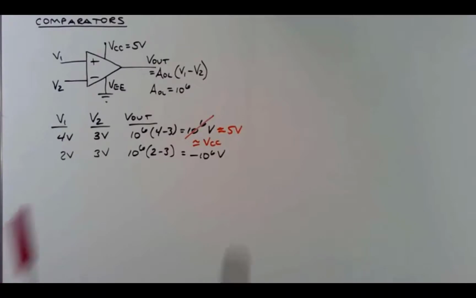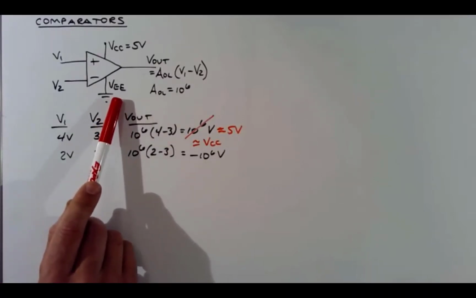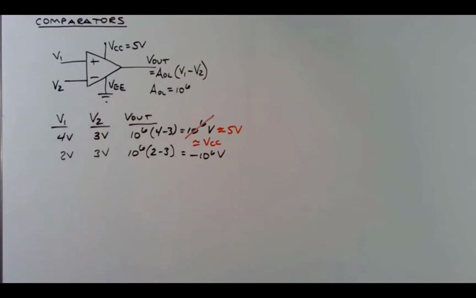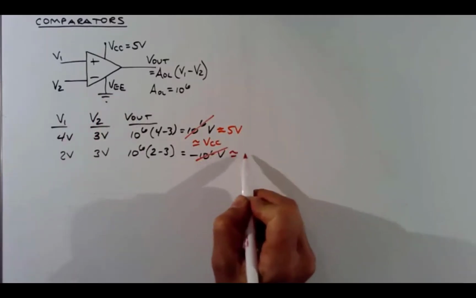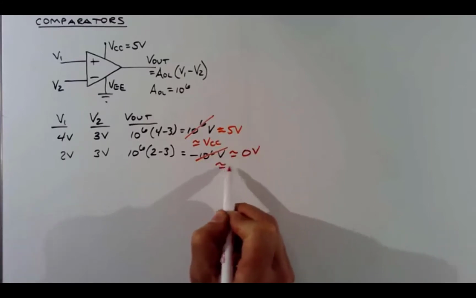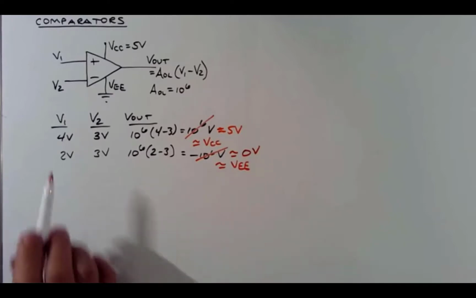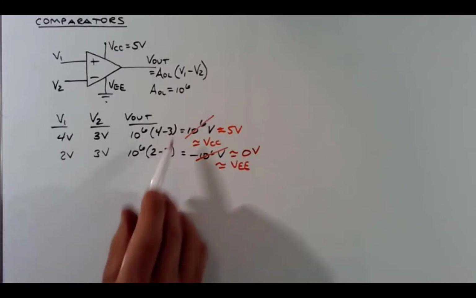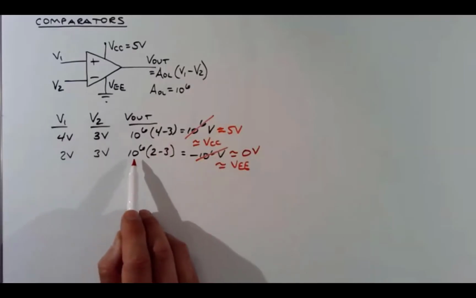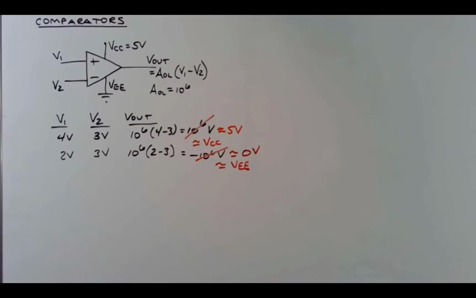Well, you're not really, because output voltage swing says that you can't go lower in the negative direction than VEE. So this isn't going to happen. You're going to have approximately 0 volts, which is approximately VEE. So if V1 is less than V2, you get a negative value for VID, V1 minus V2, and you get a negative big value, which is going to be limited by VEE.